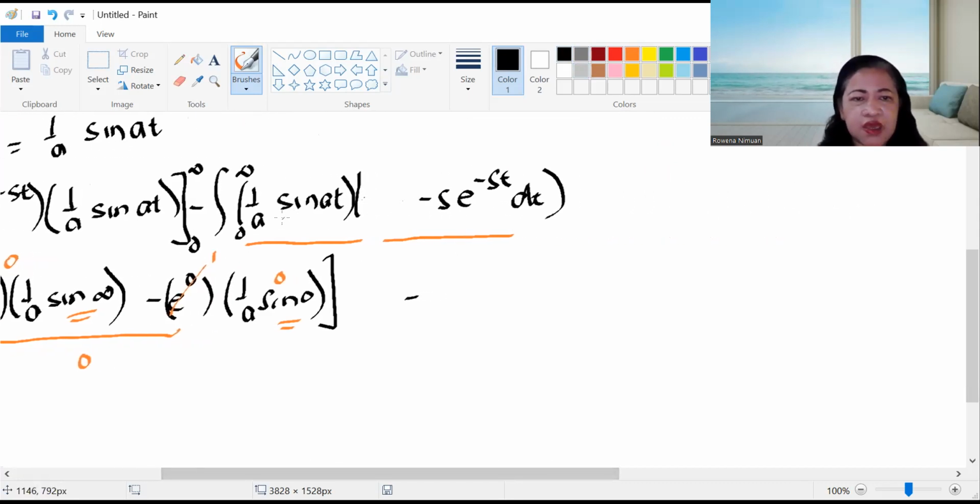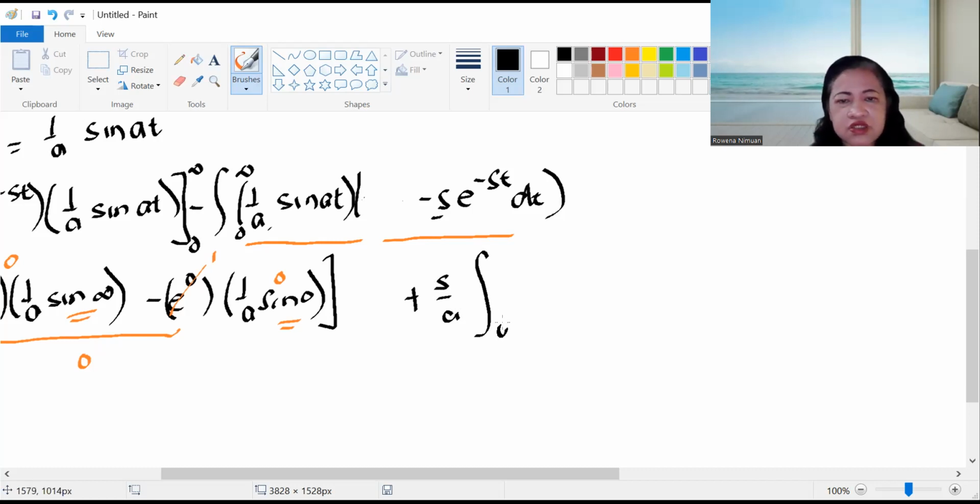If I place this 1 over a outside of the integral, and we have this s, so minus s times 1 over a, this will become positive s over a, the integral from 0 to infinity of sine of at e to the negative st dt.